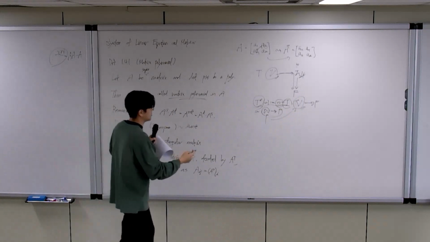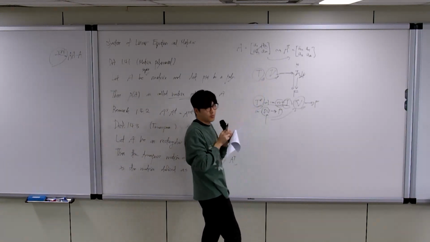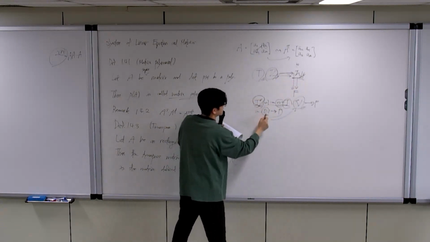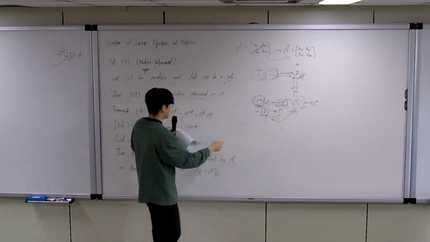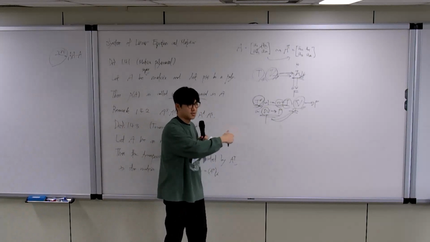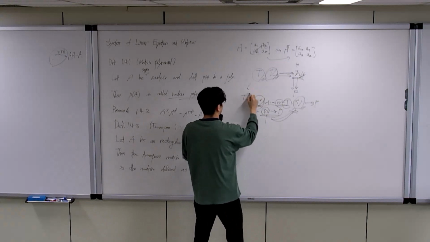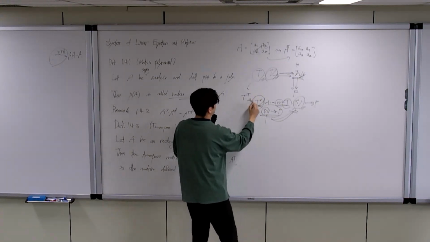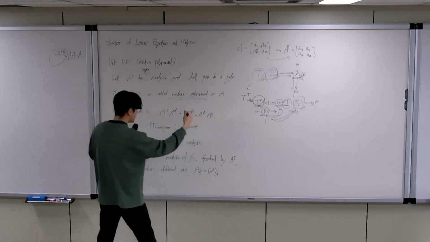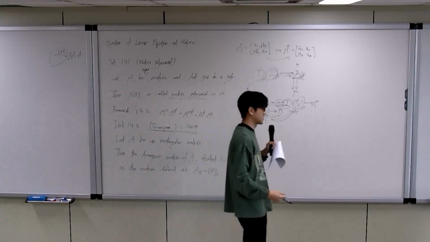The original map was from V to W, but the dual map goes from W to V. If we represent this as a matrix, then it will give the transpose of T. So in this sense, I said the transpose is similar to the inverse in preserving the structure.